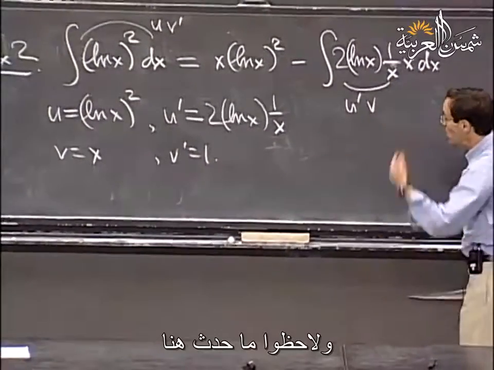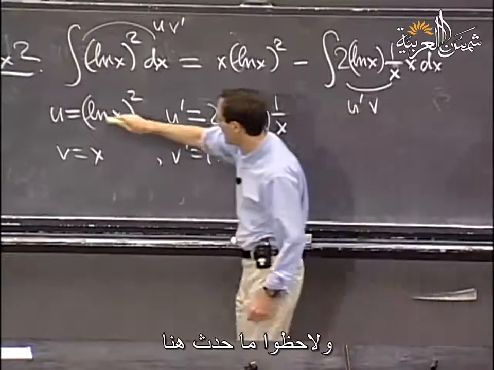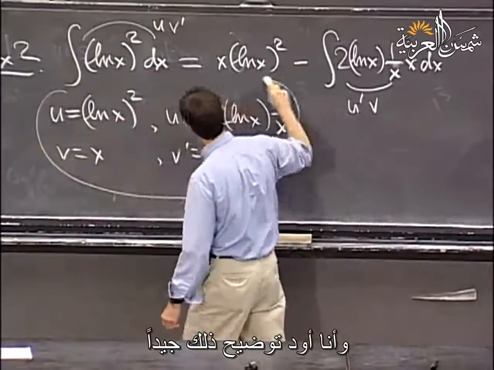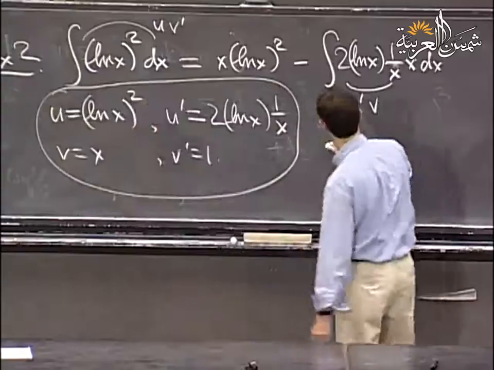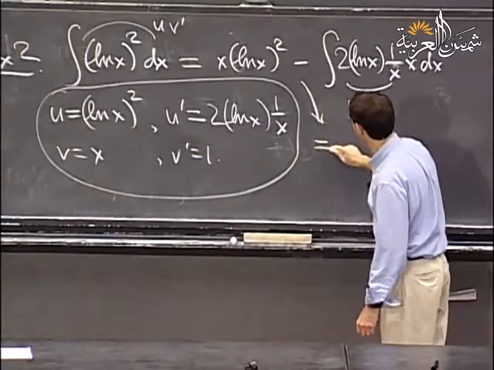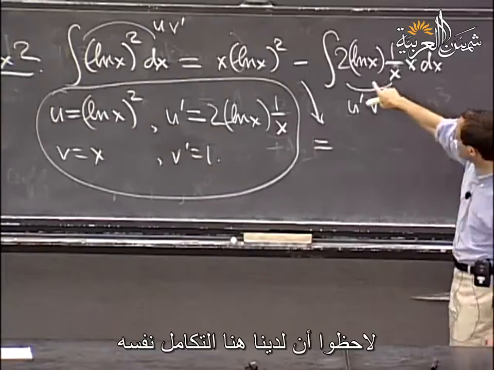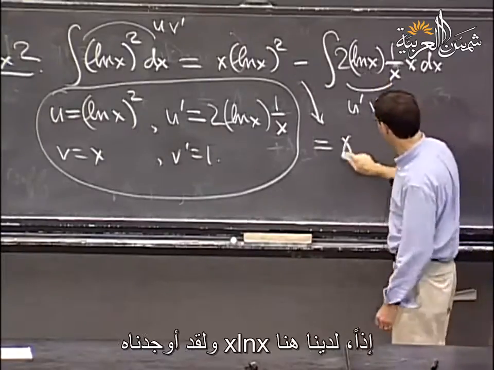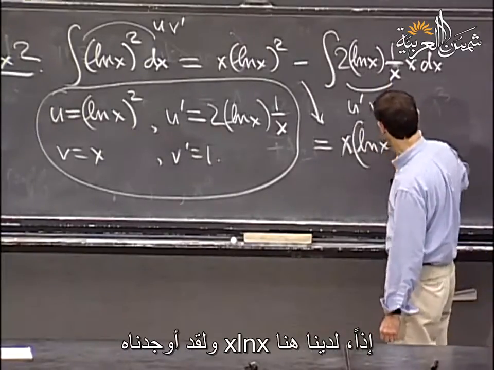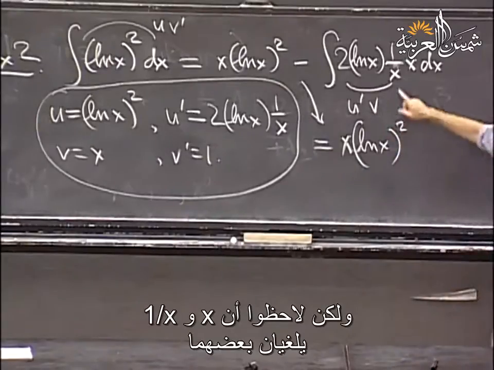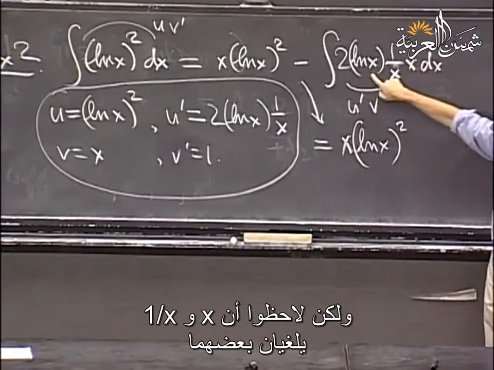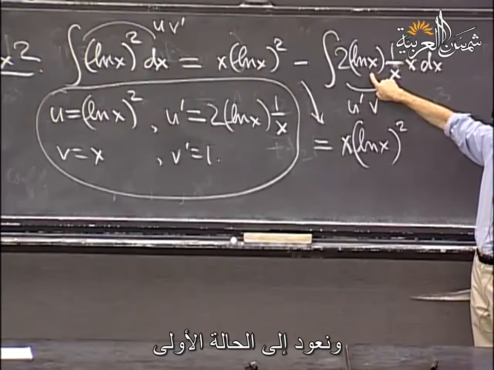And so now you notice something interesting happening here. So let me just demarcate this a little bit and let you see what it is that I'm doing here. So notice this is the same integral. So here we have x log x squared. We've already solved that part. But now notice that the 1 over x and the x cancel, so we're back to the previous case.